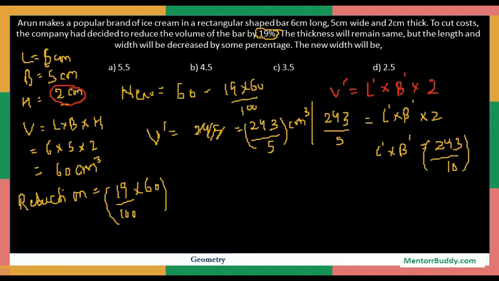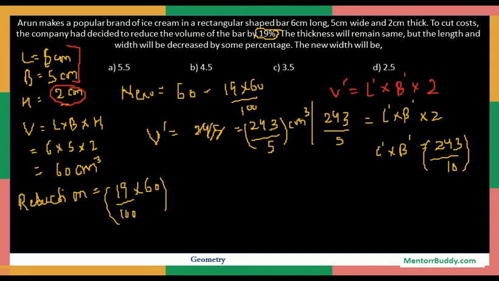Now in this case we have to observe one another important thing, that the initial length and breadth were 6 and 5. So the initial length and breadth were in the ratio of 6:5.